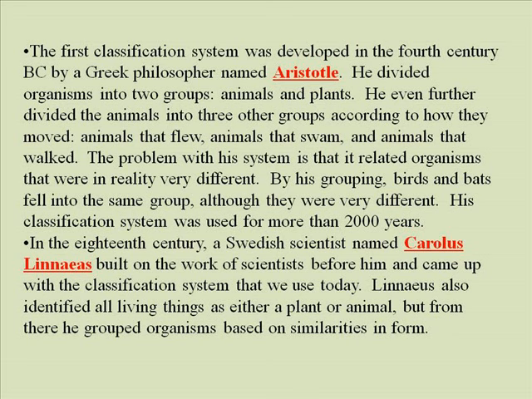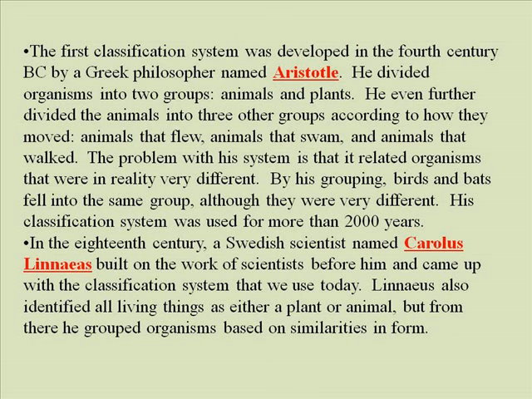Because at the time he came up with this, we were just starting the invention of the microscope, so they weren't as prevalent during this time. So he still grouped things into either plant or animal category, but instead of categorizing them further by how they moved, he used similarities in their body forms. This was much more correct.